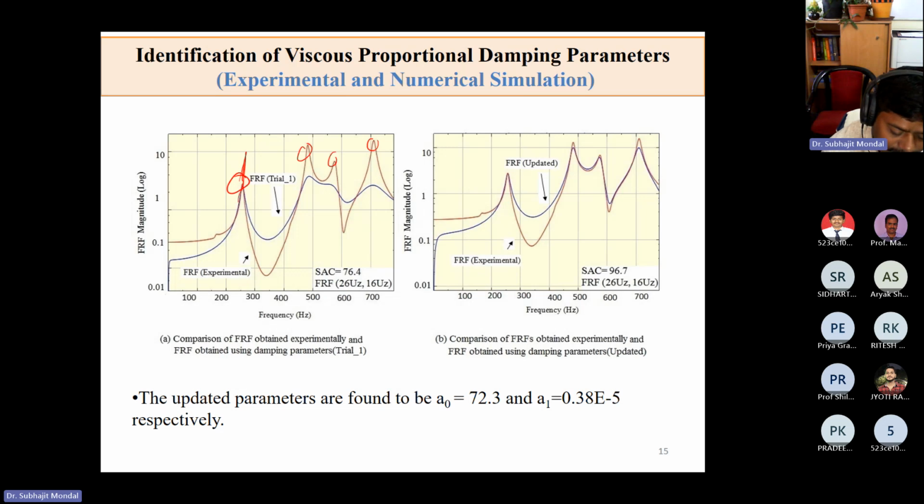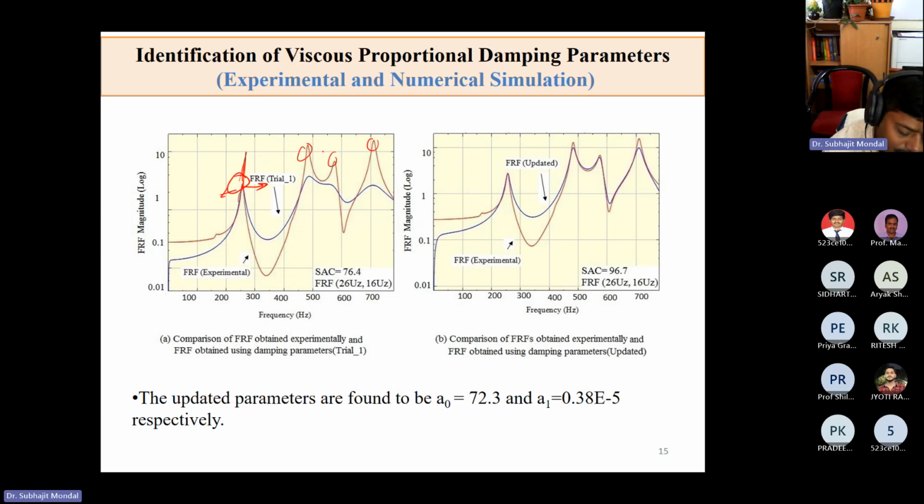If there is a change in the damping parameter, the peak will stay in the same position, and only the magnitude will change. Now, if there are changes in the mass or the stiffness, you will observe this peak shifting to this side or that side, depending on how mass and stiffness play their role.